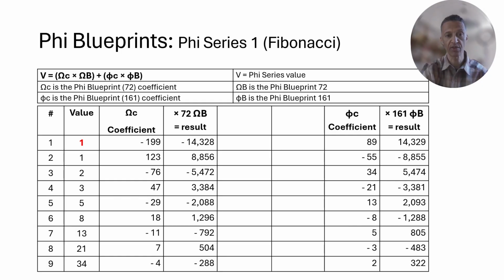And if we go all the way to the 9th position value of 34, it's equal to minus 4 times 72 plus 2 times 161, and that will equal 34. So here is a very simple equation. You basically have a coefficient for each of the multipliers, and then you sum these together and you will get a Phi Series 1 value.